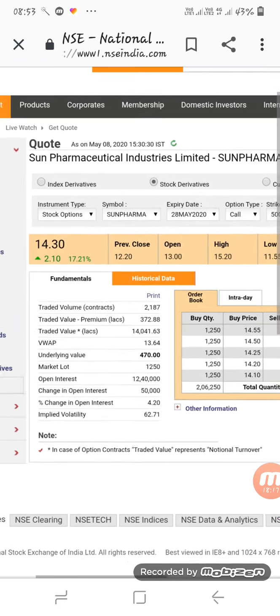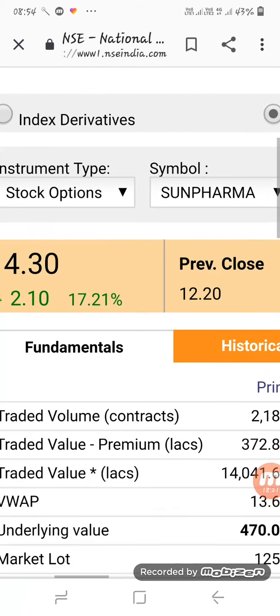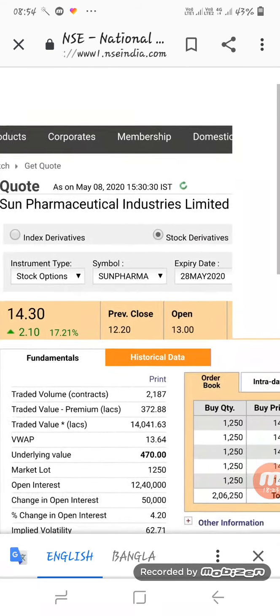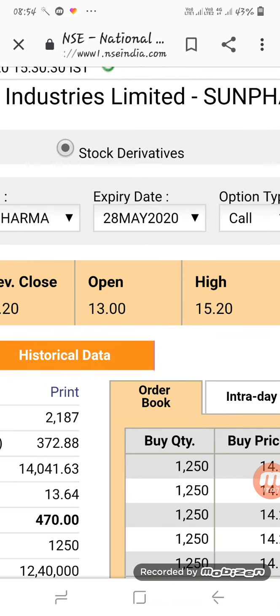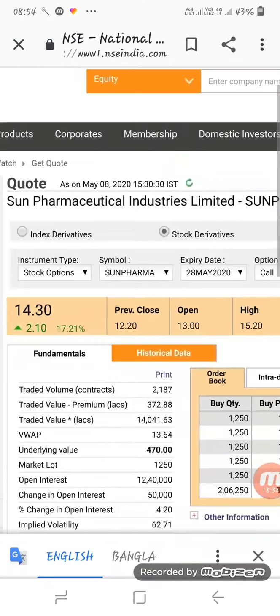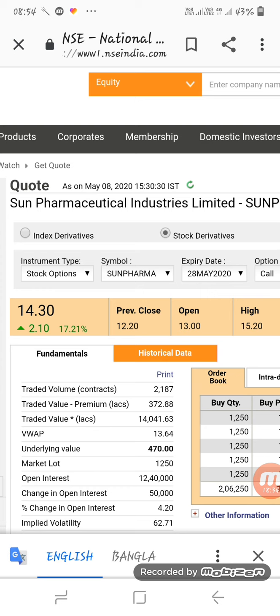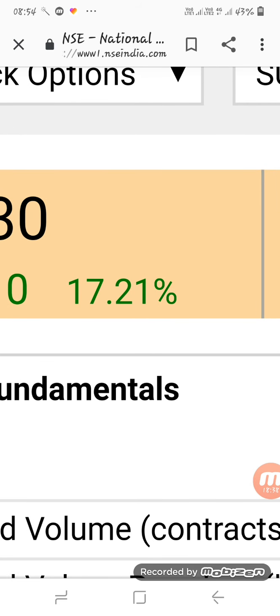So there was an increase of around 17.21%. The LTP had opened at 13 and made a high of 15.20, and closed around 14.20. In one day, the net return was 17.10%. I hope you remember that in the beginning of this slide, I was explaining that if you are playing in the cash segment, the return would have been 3%.